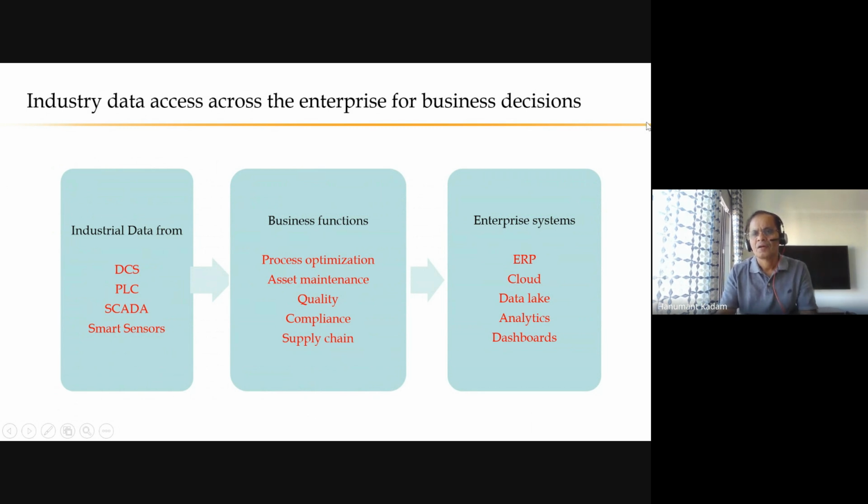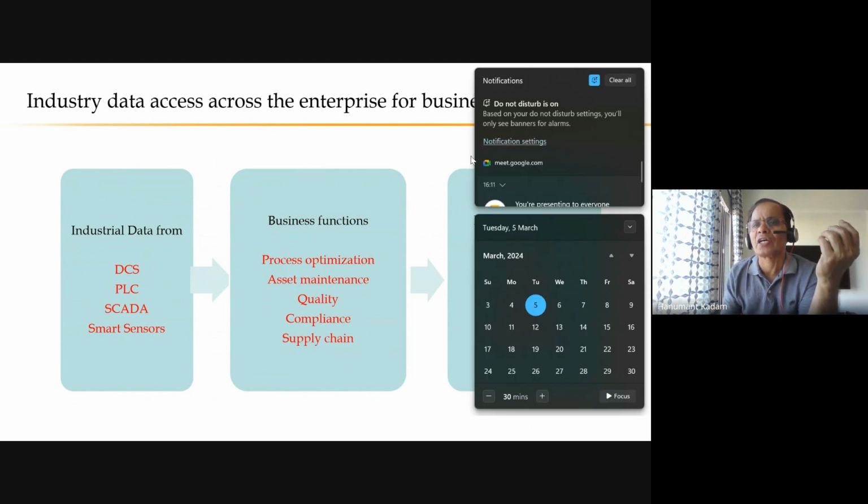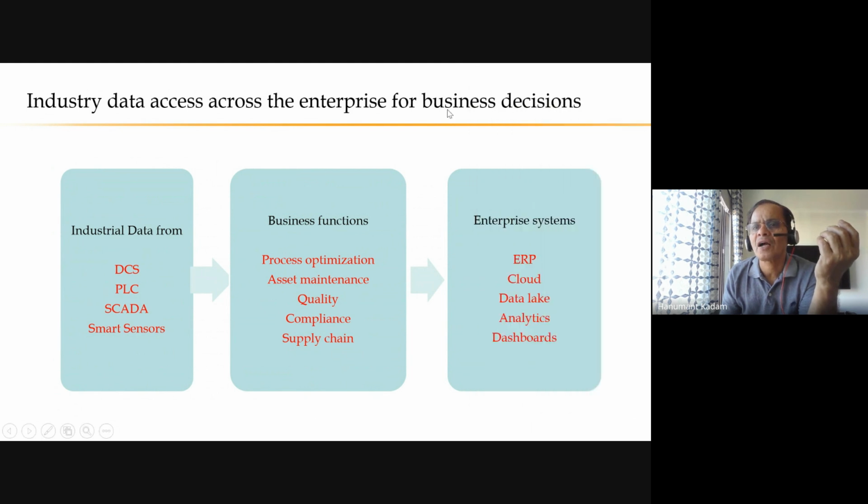And then we can see the cloud. Maybe certain data you are taking out to the manufacturers, for example for process optimization, maybe from a third-party organization. So that data also goes outside your factory, through the cloud.